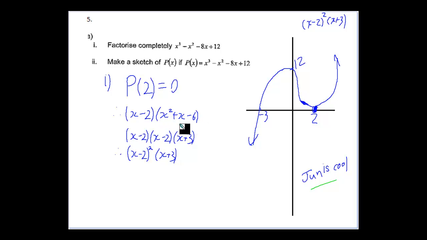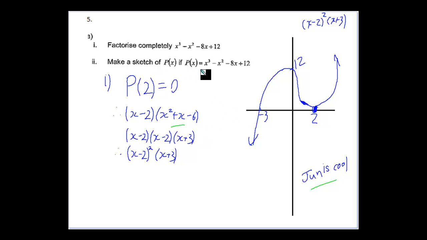Our quadratic, giving the other factors, we know it's x squared because we've got a monic there. Minus 2 times the minus 6 gave us 12. And then as we did before, minus 2 times x and minus 6 times x gave us the minus 8. So we were able to manipulate and make sure we get the x there. Solve that quadratic, well, it gets x minus 2 as well, and times x plus 3. There's our factorised form completely.